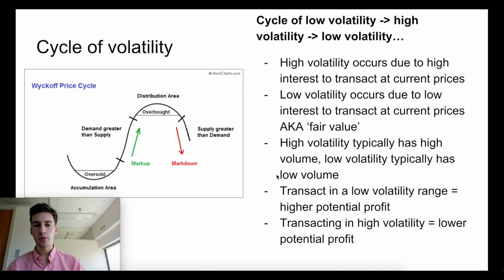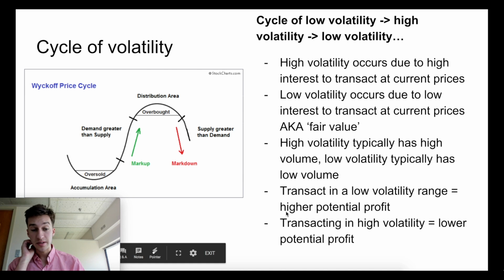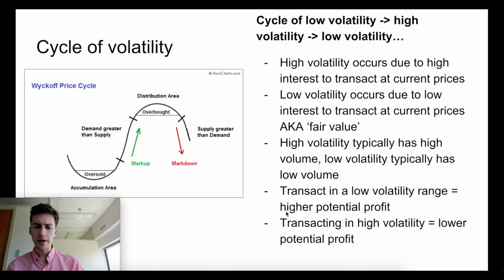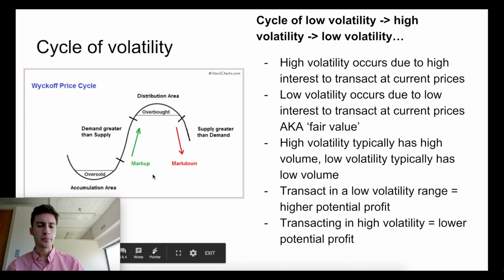And finally, the point that we're going to be talking about today is that transacting in a low volatility range leads to higher potential profit, whereas transacting in high volatility typically is going to be a lower potential profit. Now, what I mean by that is when you look at an uptrend, typically the best spot to buy is at the base of the uptrend. Typically, the base of the uptrend is going to have low volatility, where we're going to see a period of just really not much happening.